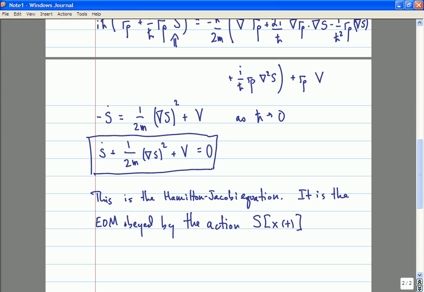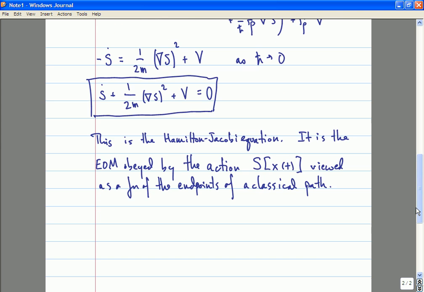And if we take the action of the system and we view it as a function of the endpoints of a classical path, then it obeys a differential equation, and the differential equation it obeys is the one that I've drawn on a box up here.